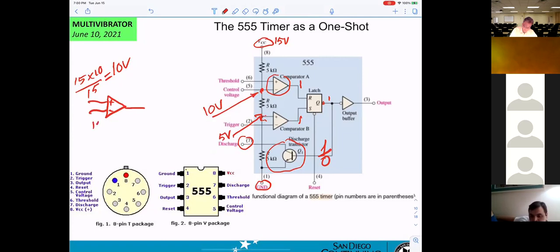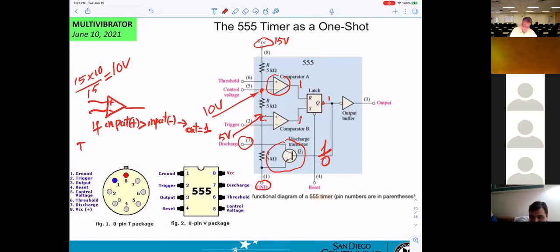If input positive higher than input negative, then output logic 1.